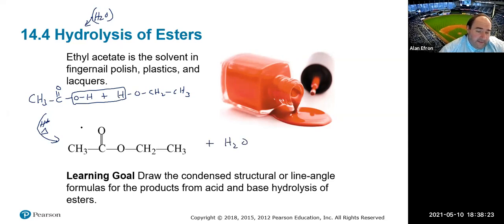And as you can see, when we squeeze it together, we got our ester through our esterification reaction. So there's a couple of different types of hydrolysis. One hydrolysis is basically just the reverse. We're just going to put the water back in and it will break it back apart into its carboxylic acid and its alcohol. So it's the reverse reaction of an esterification reaction.